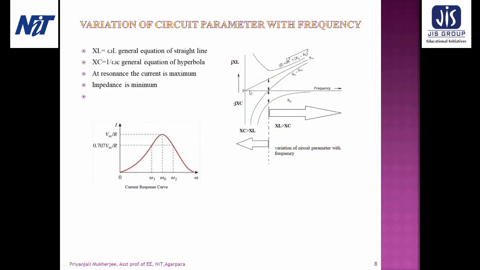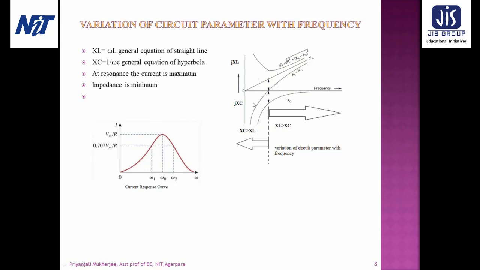Frequency varies on the x-axis, and the XL curve is a straight line, whereas the XC curve is the general equation of a hyperbola, where the frequency is variable and the constant becomes 1 by 2 pi C.